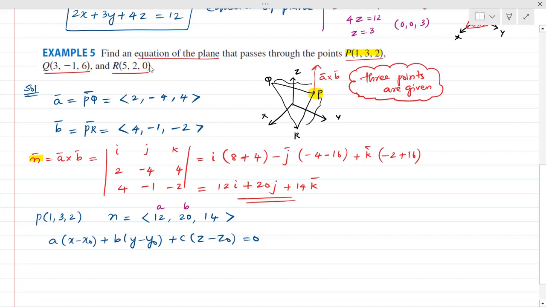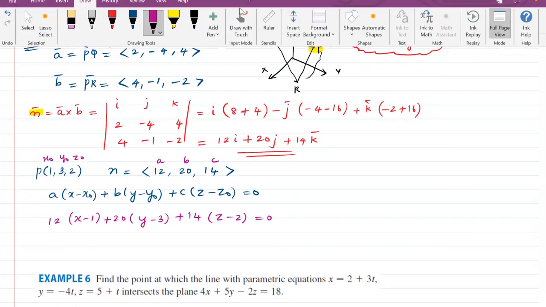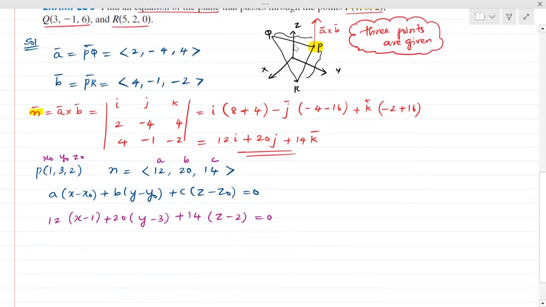This is a, b, c, and this is x naught, y naught, z naught. And then if you substitute the values, it becomes 12 times of x minus 1 plus 20 times of y minus 3 plus 14 times of z minus 2 equal 0. Then we simplify: 12x minus 12 plus 20y minus 60 plus 14z minus 28 equals 0.